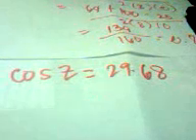So be careful in using the calculator because sometimes it becomes a math error or syntax error. So the answer is angle z is equal to 29.68 degrees.